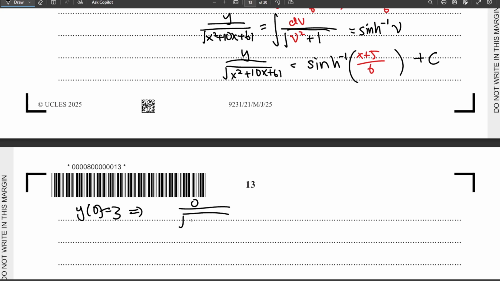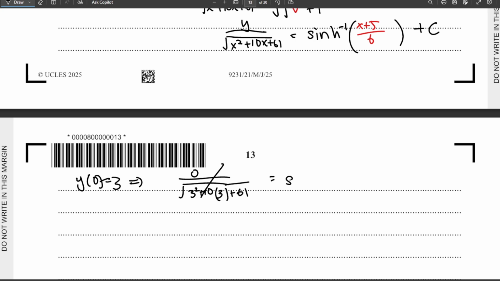So this entire term on the left hand side goes to 0, and on the right hand side the inverse hyperbolic sine, x is 3, so 8 over 6 plus c, so our arbitrary constant becomes negative inverse sinh of 8 over 6, or 4 over 3.